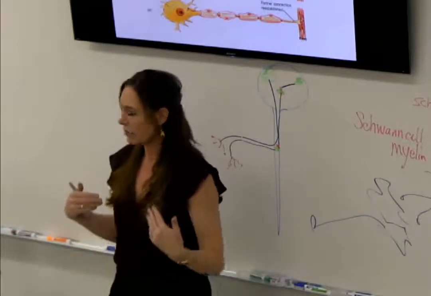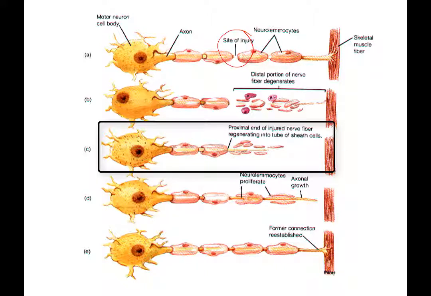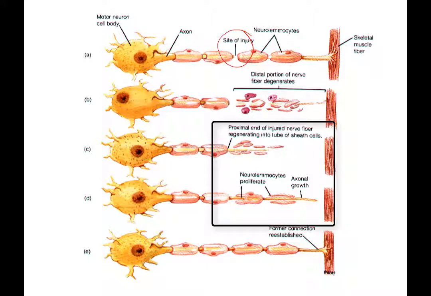That's the same with peripheral nerves. So we're doing this cleanup here, and then the little nub, the remaining axon on the healthy side, starts to stimulate some growth factors, but the myelin Schwann cells in the area help to form the tunnel that the axon's aiming for.